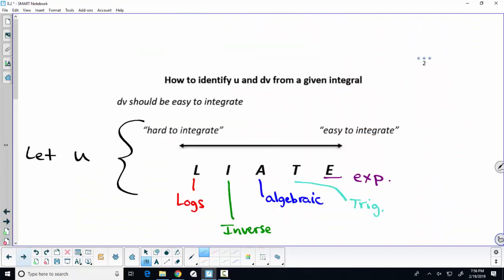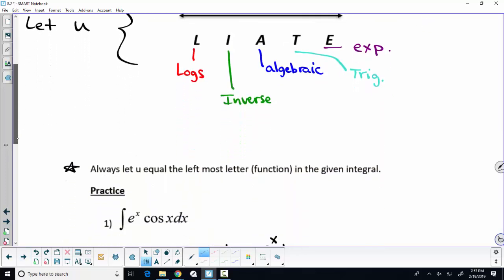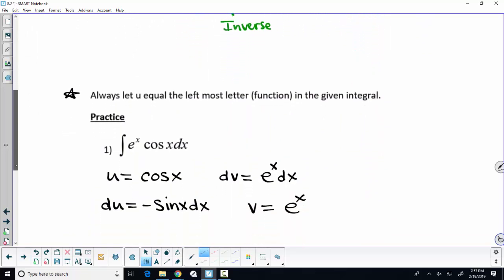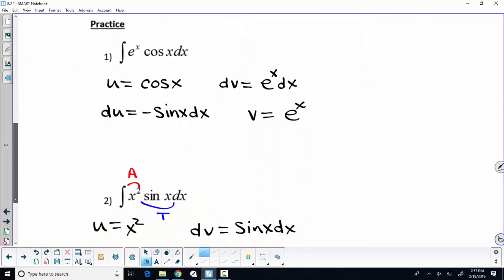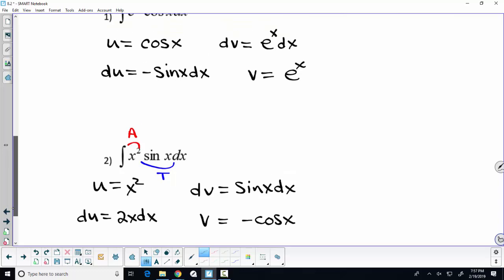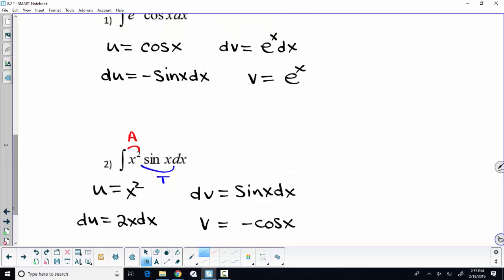So we would want to make u the algebraic, and dv is the trig. So the leftmost is u. Okay. Oh yeah, did I misunderstand what you were asking? Yeah, that's fine. Okay, sorry about that. Any other questions? Yeah, algebraic are like power functions. Exponential would be like 2 to the x instead of x squared.